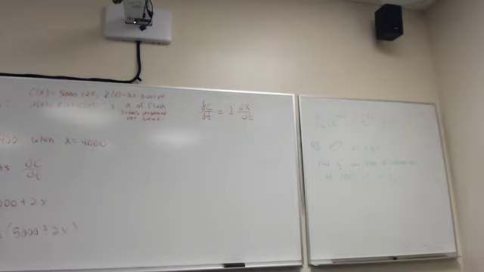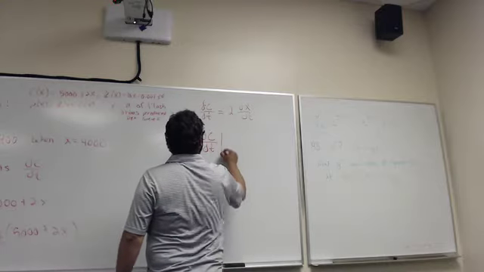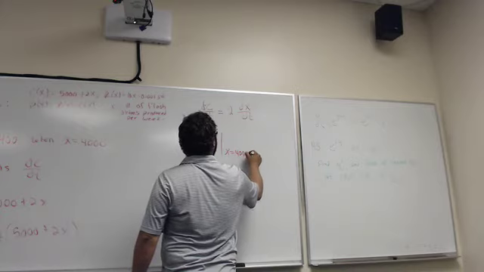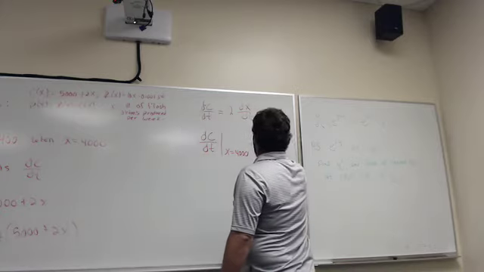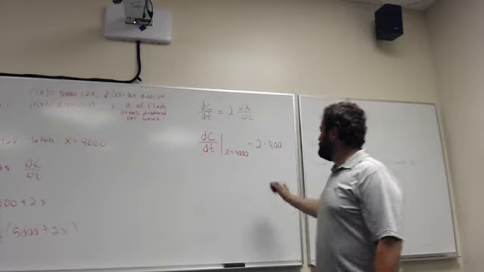Okay? And then actually this is even easier than some of the implicit differentiation problems, because now all I need to do is, at the production level of 4,000, I already know dx/dt is 400. So the rate of change of cost with respect to time at a production level of 4,000 is really just 2 times the rate of change of the number of flash drives produced.